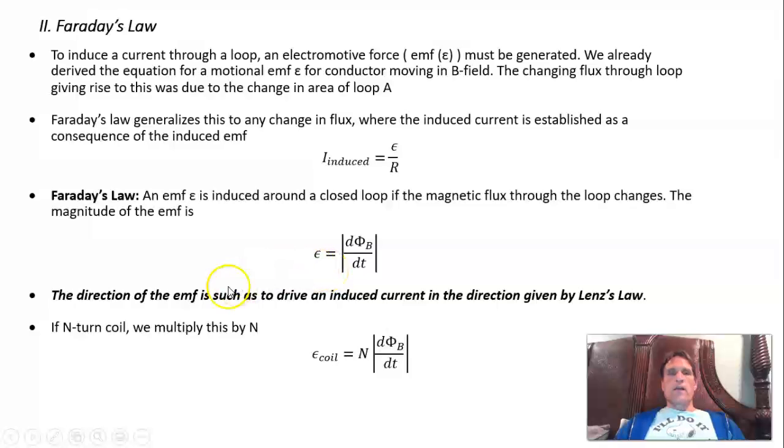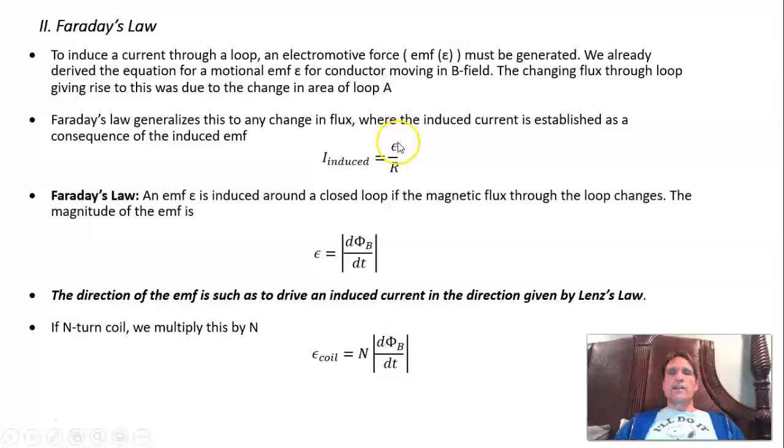Okay, and then the direction is such as to drive the current in the direction given by Lenz's law. Okay. So Faraday's law just says that the EMF created is the magnitude of the time rate of change of flux.